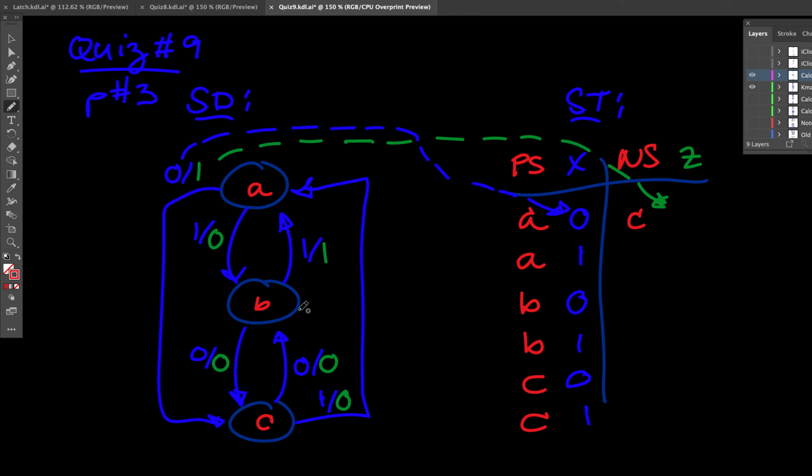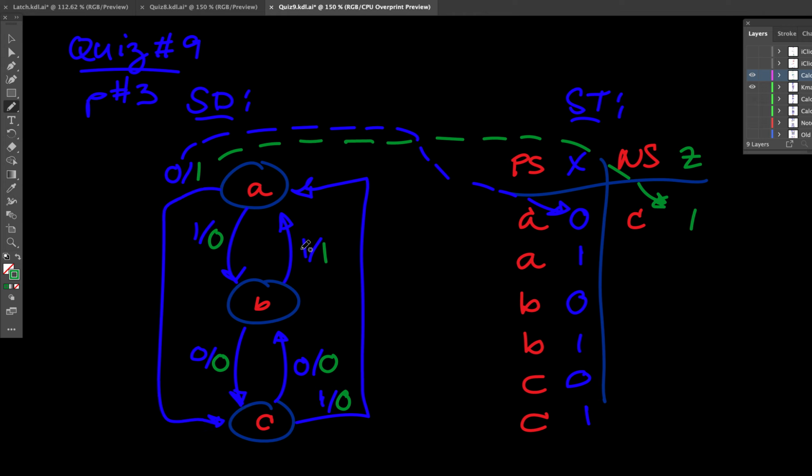And then the green 1 is placed over here. So let's put the green 1 here. All right, that's how I fill out the first row. That's associated with this path here, okay?